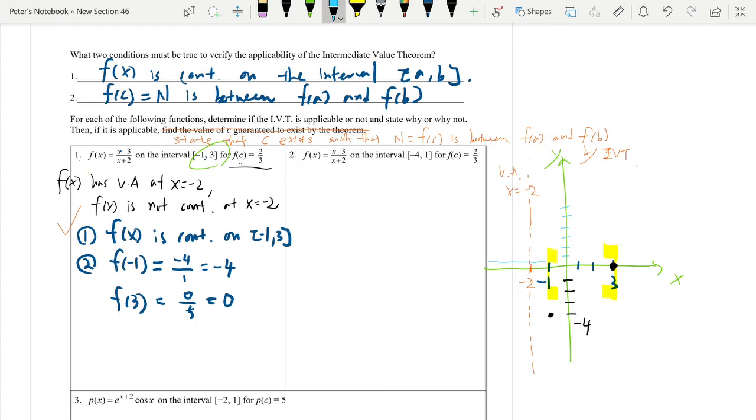It's like 0.66666. It looks like it's a little close to half, but that's fine. Be understanding of that. So here, we're saying f of C equals 2 over 3.